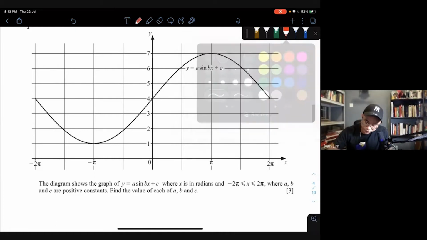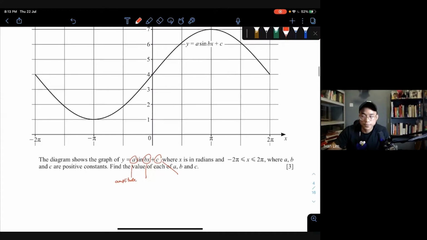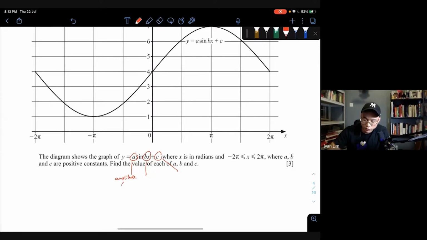Okay, so a, b, and c. A will affect the amplitude. Amplitude means the distance from the middle to the highest or lowest point. The distance we always need to find is from the middle to the highest or the lowest, not from your origin.